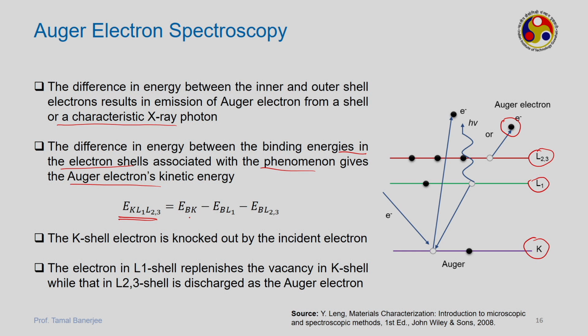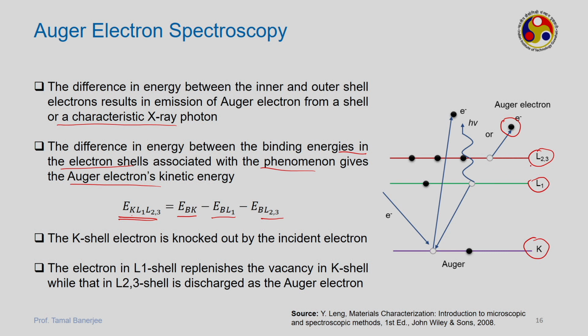I am subtracting the binding energy of the K shell minus the binding energy of L1 minus the binding energy of L23, because L2 and L3 are degenerate in nature, so they are taken together. So, you get the kinetic energy of the Auger electron. We nomenclate it as KL1L23. It means that an L1 electron has occupied the inner shell and the Auger electron is extracted from the outer shell, that is L23.